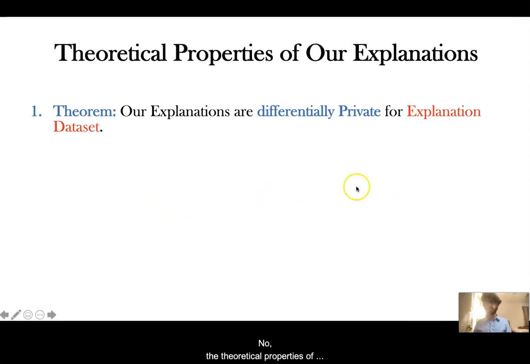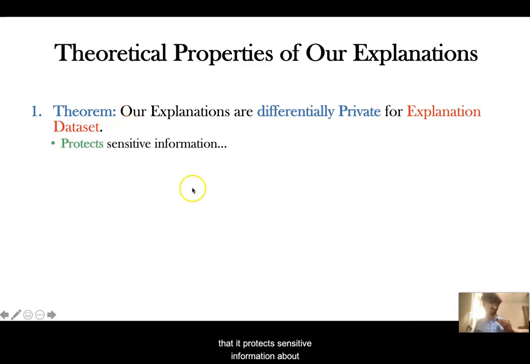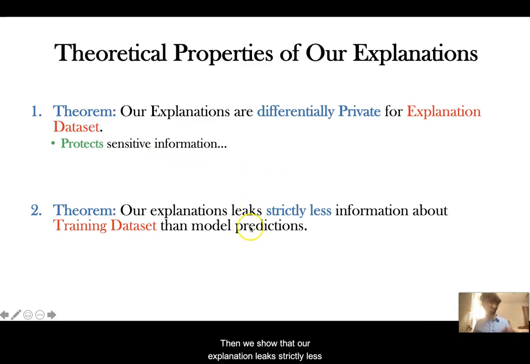Now, the theoretical properties of our explanations show that they are differentially private for the explanation dataset. That means it protects sensitive information about the explanation dataset. Then we show that our explanation leaks strictly less information about the training dataset than model predictions.